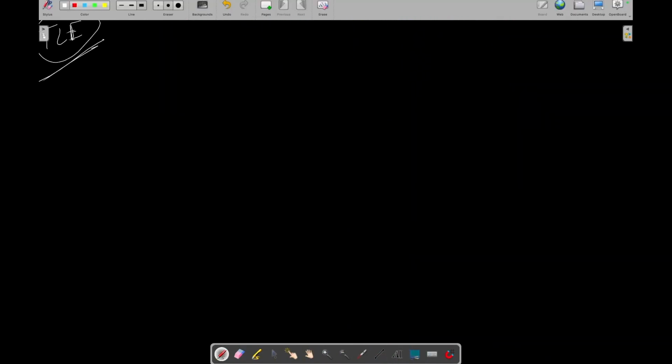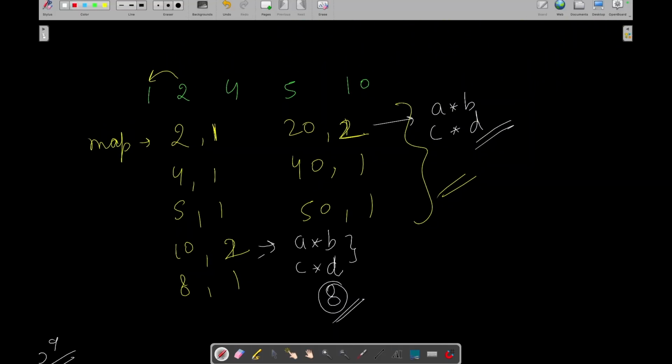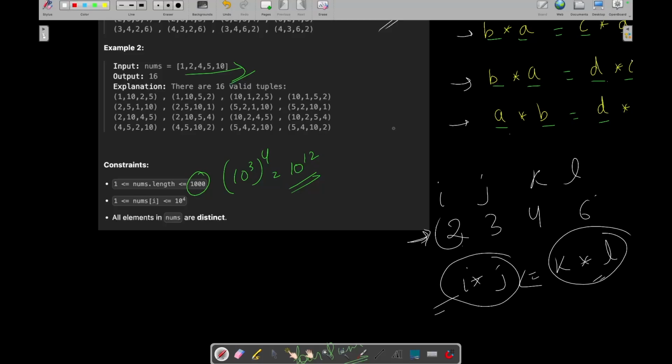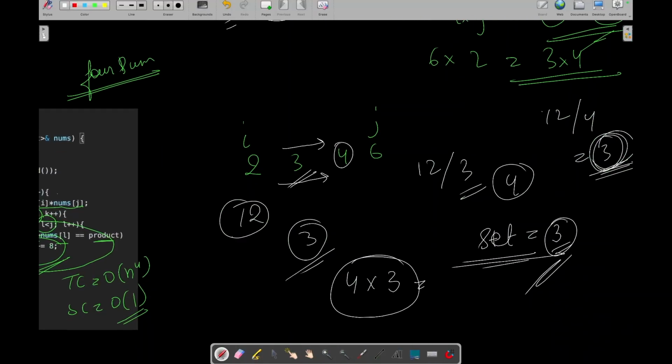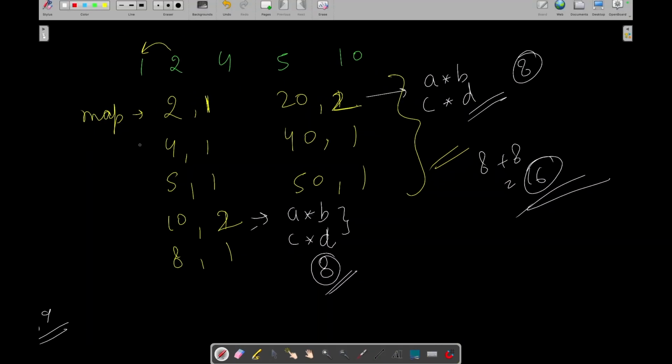Okay, and for 20 as well, if there are 8 ways, then 8 plus 8, that is 16. Okay, so let's see what was our answer. Oh, our answer was also 16. Cool. So I think we get something from this while storing the count of the product of all the numbers.